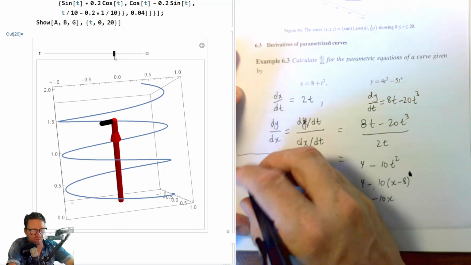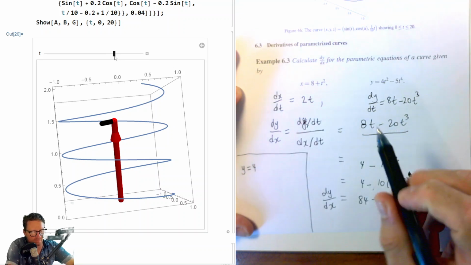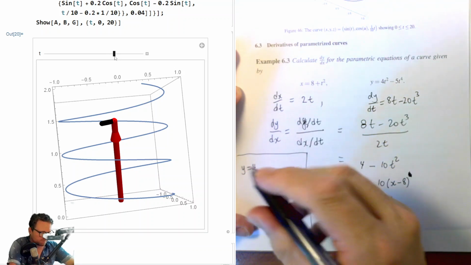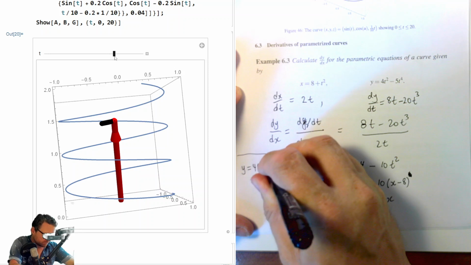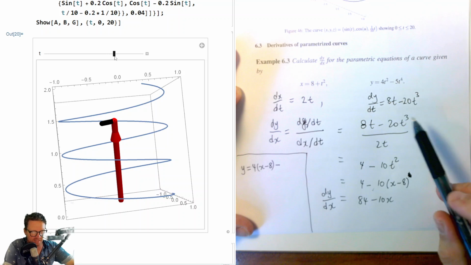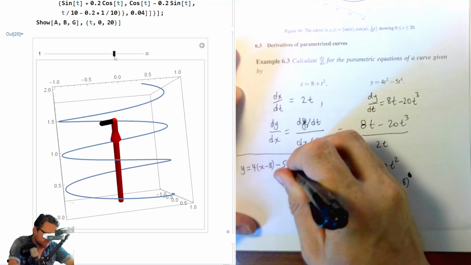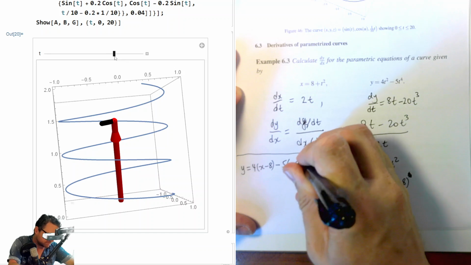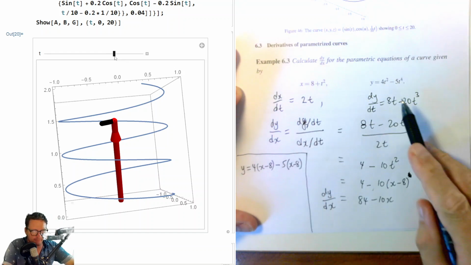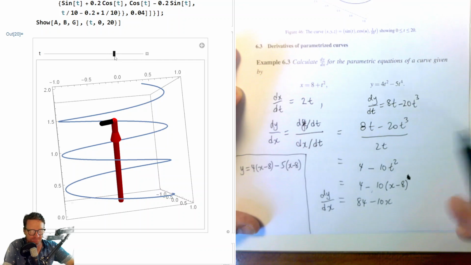So we have y is equal to 4 times t squared, which is 8x minus 8, and then minus 5 times x minus 8 squared, because t to the 4th is t squared squared.